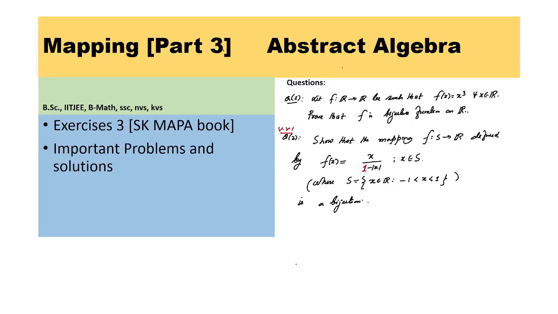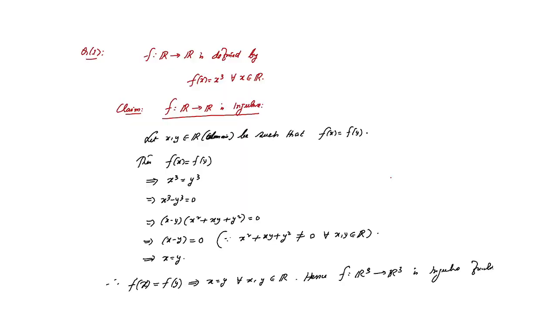The next question is given f(x) equals x by 1 minus mod x, and we have to show that this function is bijective. So what is exactly given? This is the solution of question number 2.